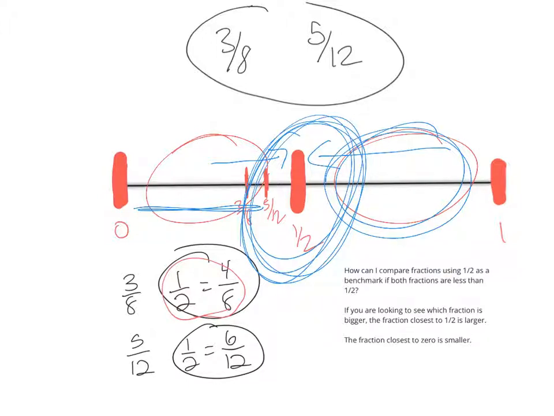So this has been chapter 6.6, using benchmarks. And trust me, this will get a lot better in the next coming chapters, only because you're going to have an idea of looking at a fraction and knowing whether it is greater than or less than a half. So tune in for my later chapters. We're going to finish up chapter 6 probably this week.